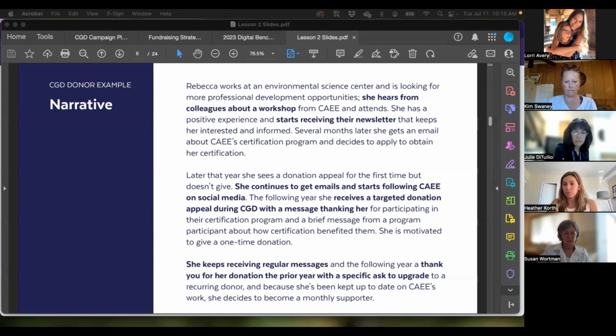Okay, so an example goal could be to grow your sustainer program by 10%. And an example key performance indicator for multiple parts of the pathway could be increasing email signups, maintaining or increasing the click rate on your email campaigns, the conversion rate on donation appeals. Metrics would be the number of email signups or just email signups, period. Email campaign click rate, new donors, and everyone who saw the appeal.